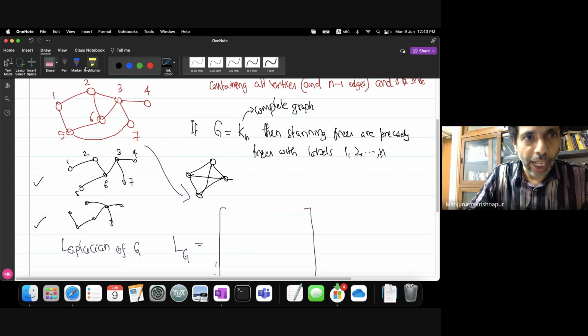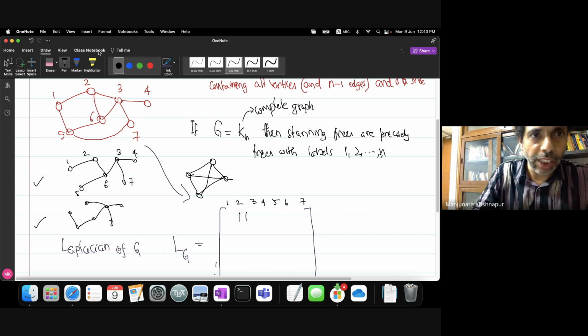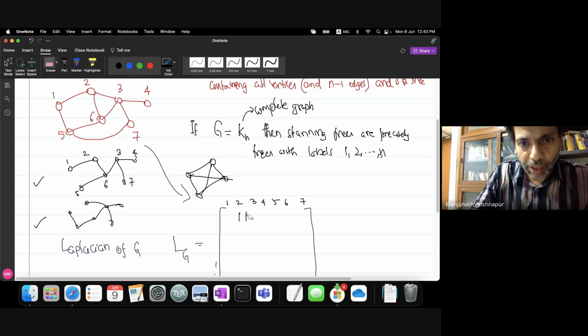Where are the edges? Between 1 and 2, there is an edge. Between 1 and 5, there is an edge.